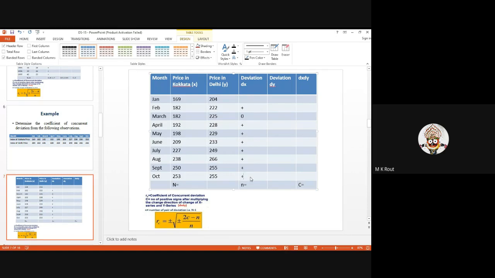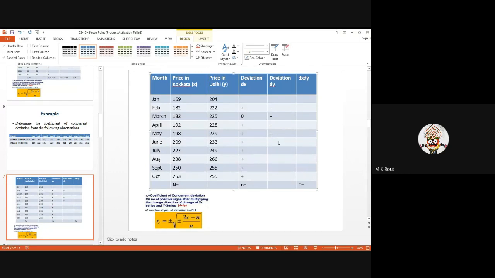Similarly, if you calculate the positive negative deviation in case of dy, the first one is how much? Positive. The next one is also positive. The next is 228 minus 225, that is also positive. Next one, that is 229 minus 228, that is positive.